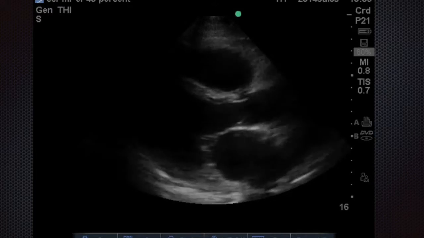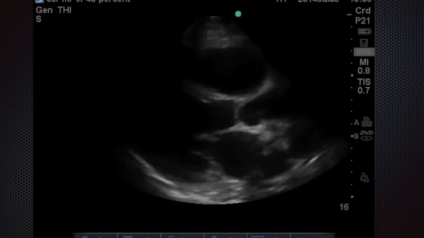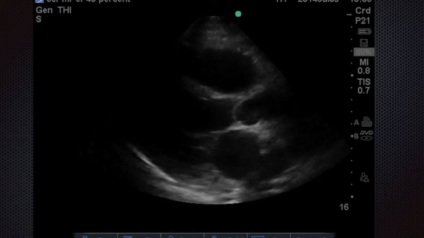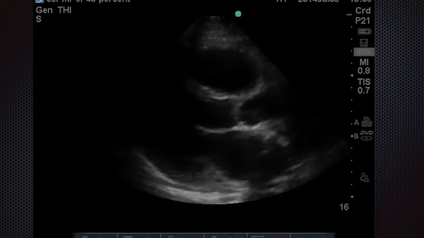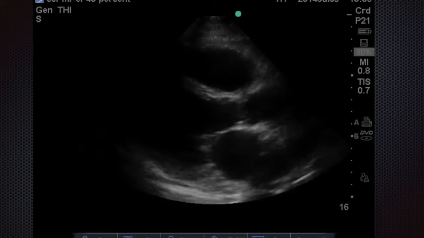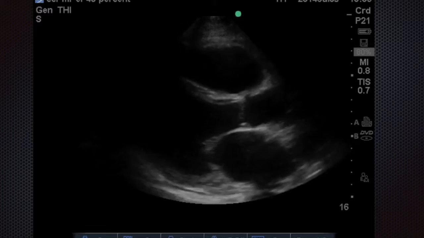Here's a parasternal long axis, and you can see that the septum and posterior walls are seen clearly, but the apex isn't seen due to rib shadowing. However, we can see the septal wall isn't contracting or thickening at all.